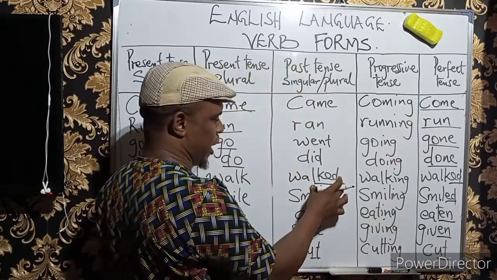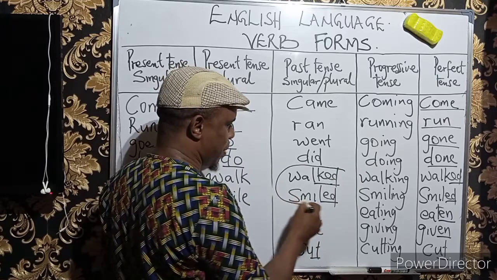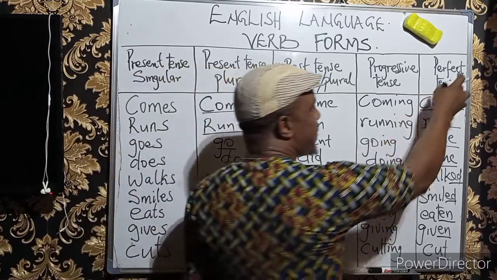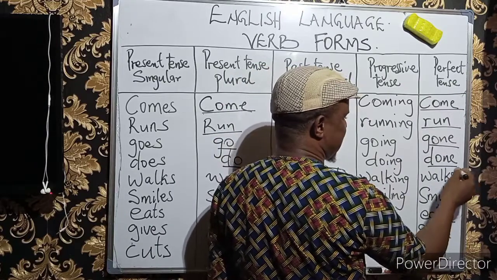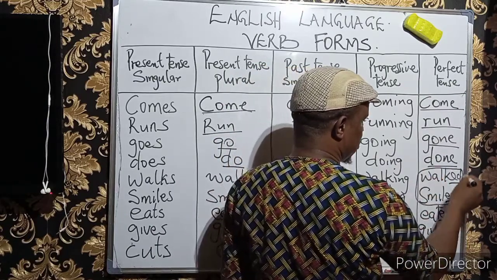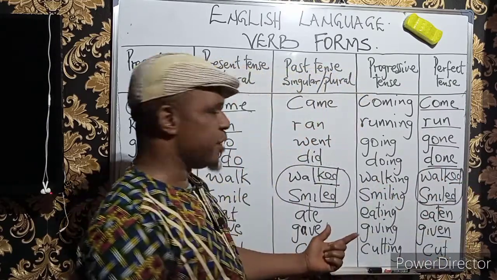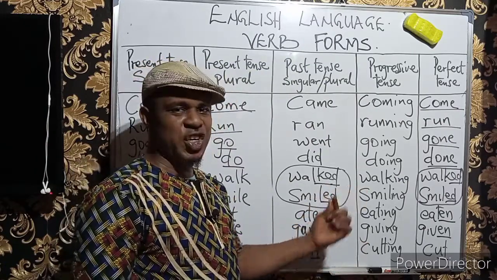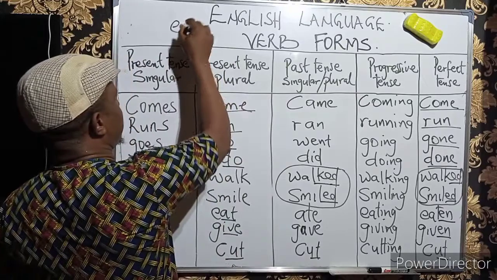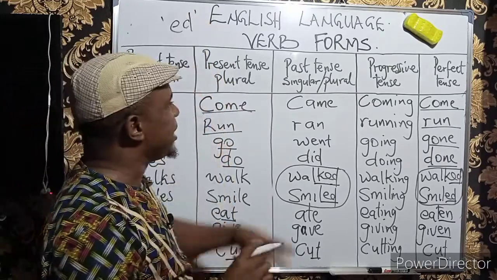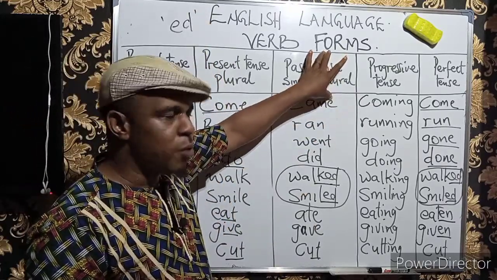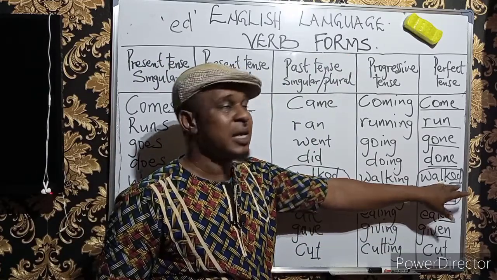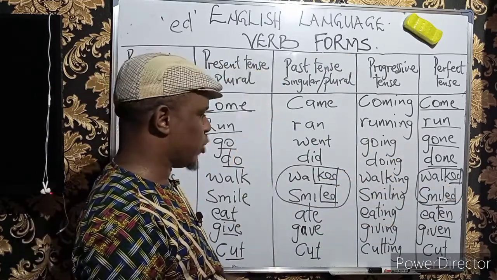If you look at what we have here, walked and smiled, they possess ed, and in their past perfect tense, they also possess the same ed. So to say, the regular verbs are the groups of the verbs that admit ed in their simple past tense form as well as their past participle. That's their past perfect. That's what we call regular verbs.